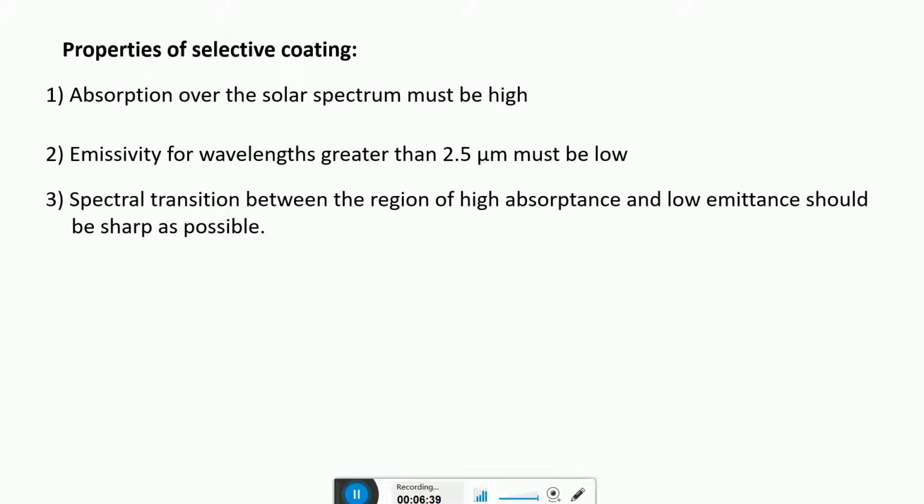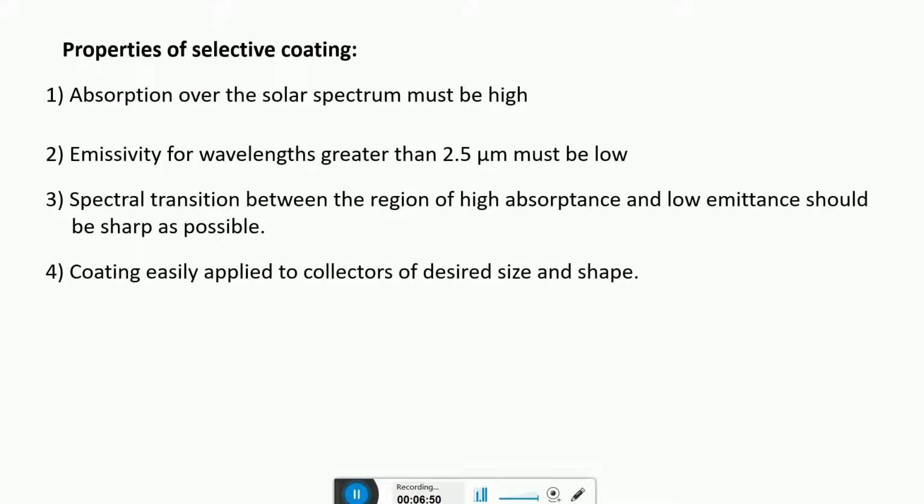Then the spectral transition between the region of high absorptance and low emittance should be as sharp as possible. The optical and physical properties of the coating must remain stable under long-term operation at elevated temperature. Then adherence of the coating to the substrate must be good.